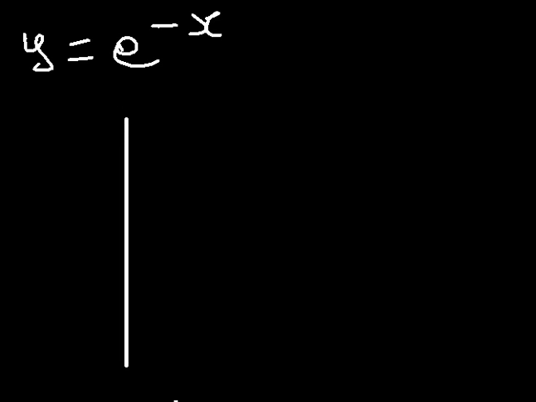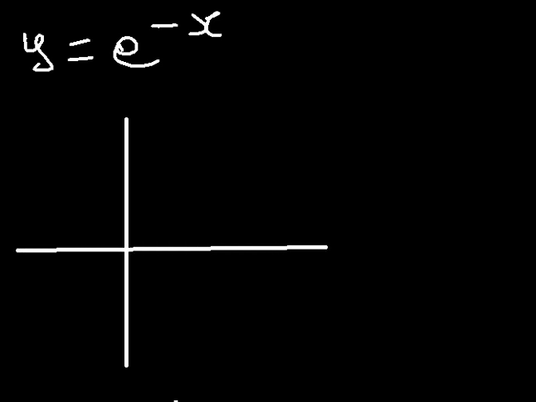Let's say we have y is equal to e to the power negative x. So now what will be the graph of this function? Now in this case the graph is reflecting along the y-axis.